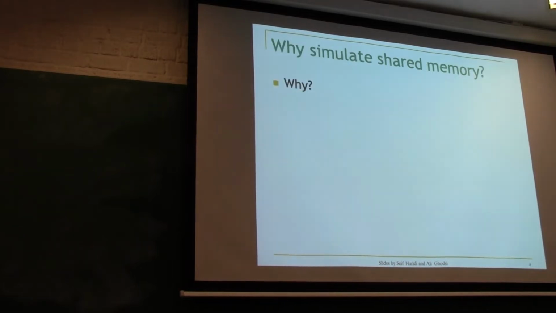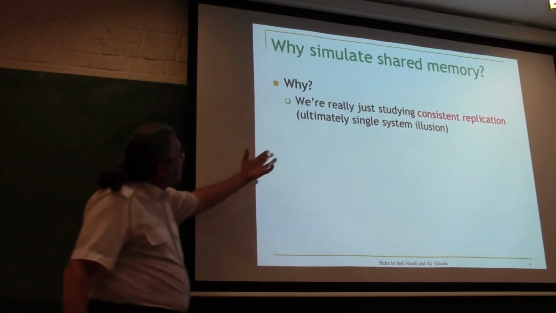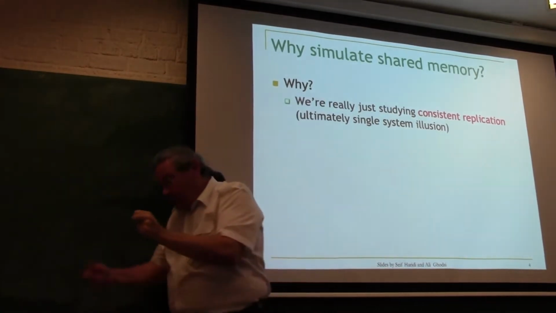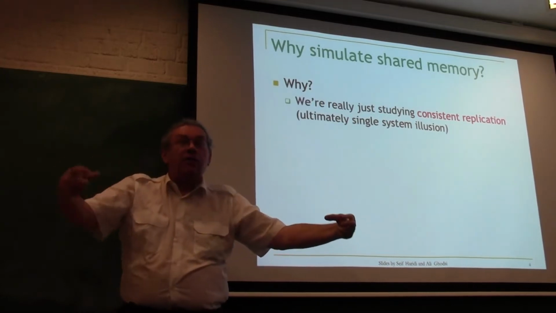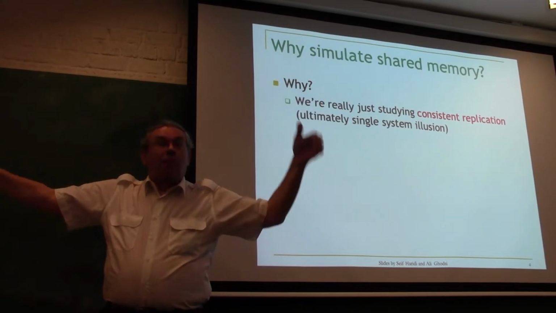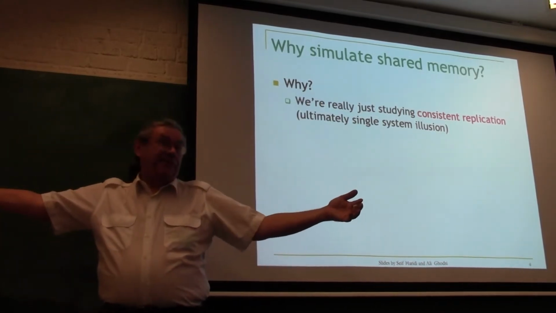So why shared memory? In fact, you can call it consistent replication. Technically, you have the same register stored on many nodes, and when you write, you have to update them. But what if you have concurrent writes? It still has to update consistently.